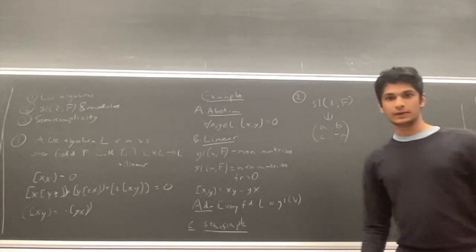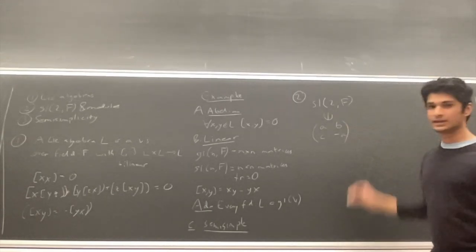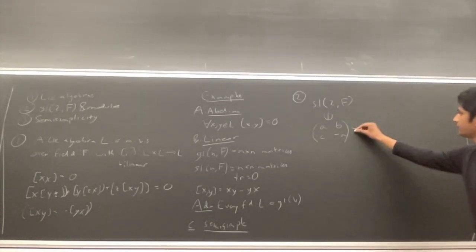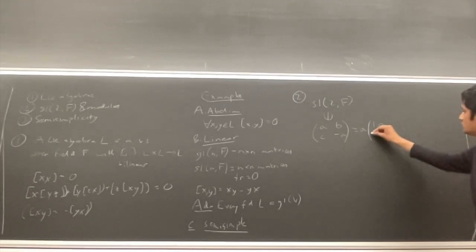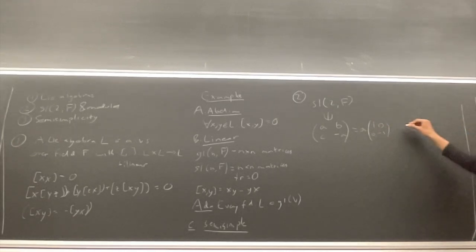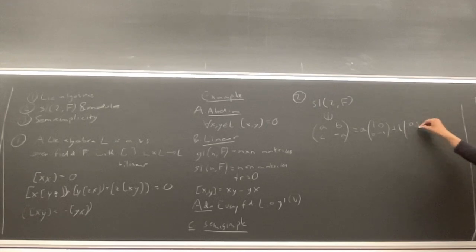So as you can see, the trace is going to be 0, and we can actually split this element into a times [1 0; 0 -1] plus b times [0 1; 0 0] and c times [0 0; 1 0].